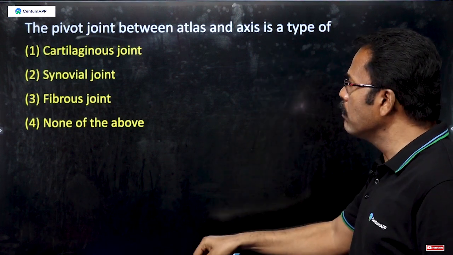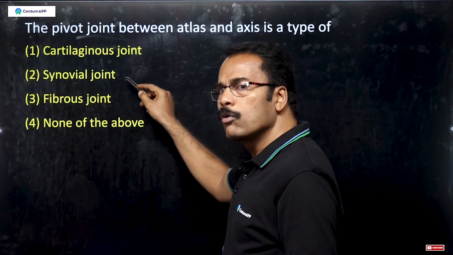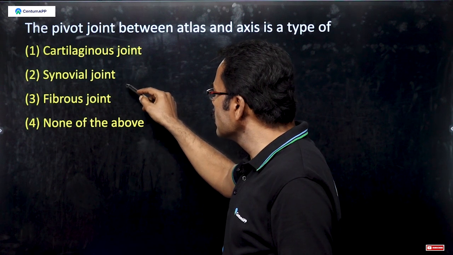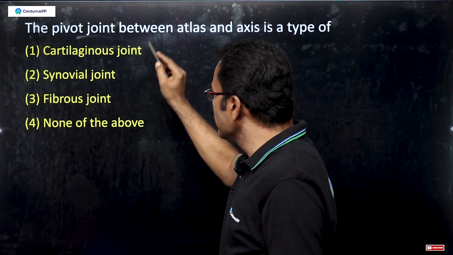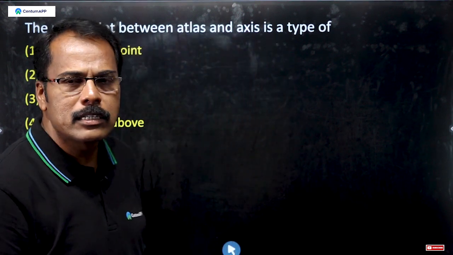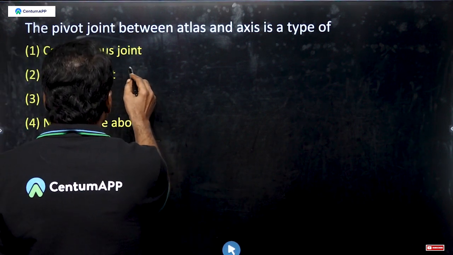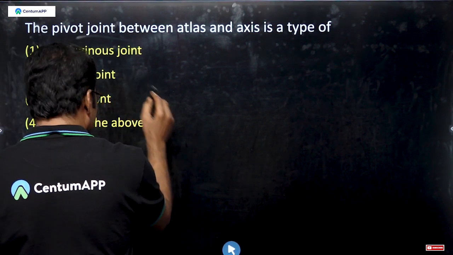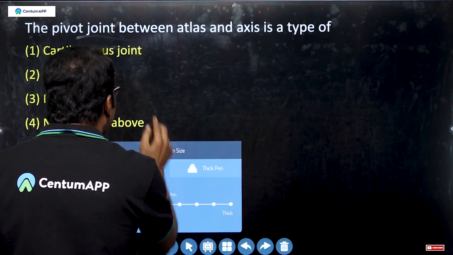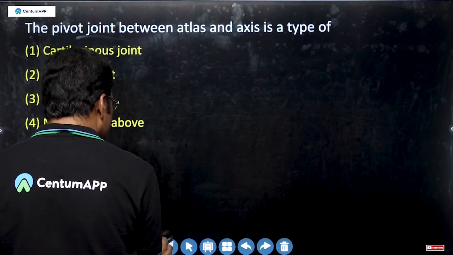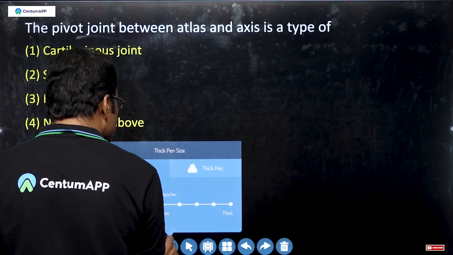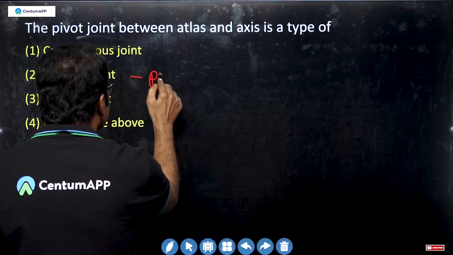Both unite to form a synovial joint, right, also called a pivot joint, a type of synovial joint.